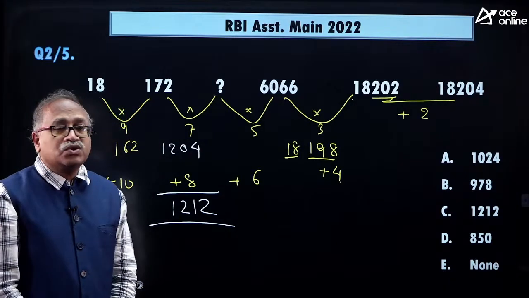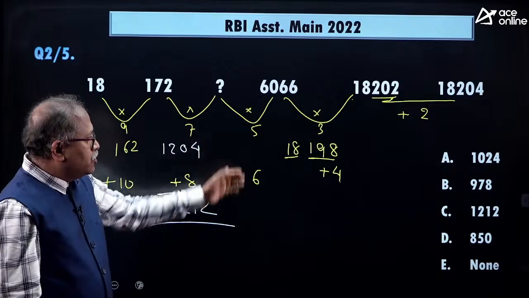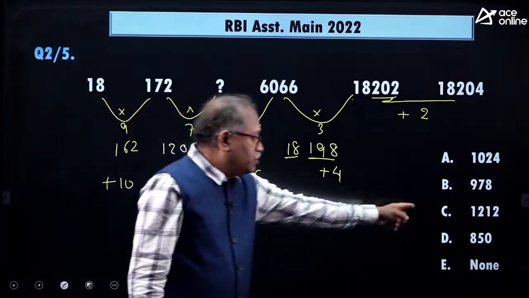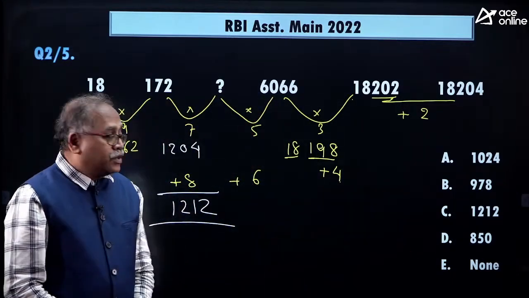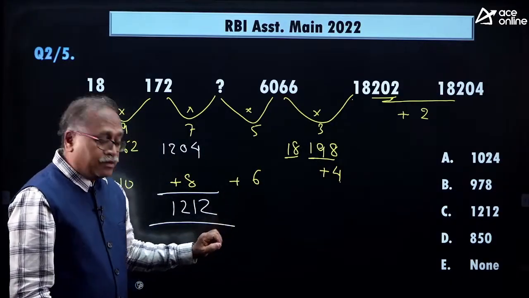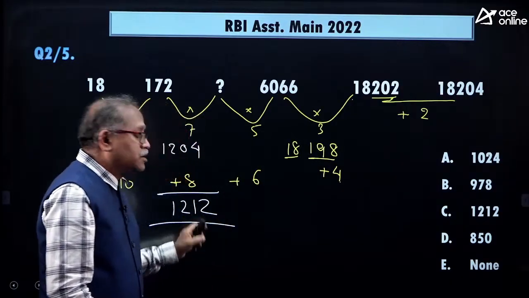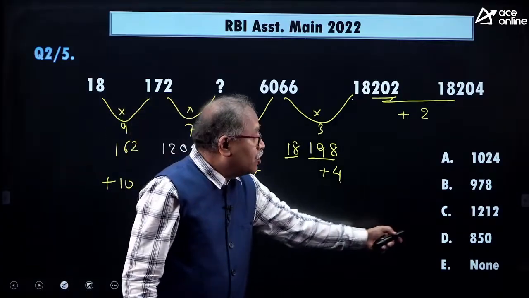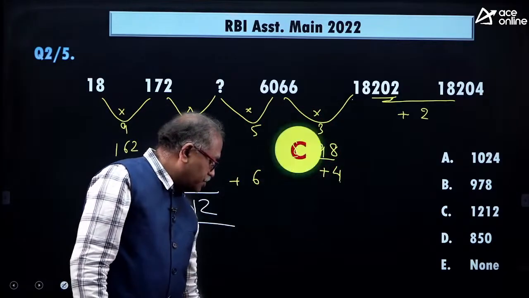So that should be my answer, and I will not go for further. 1 2 1 2 is there in the option. So without wasting the time, because I got the pattern here, I am confident that this must be right. I will go for option C. Look at this, option C.